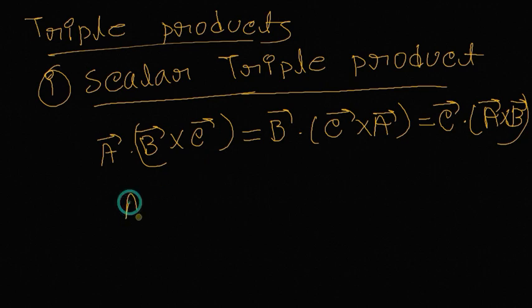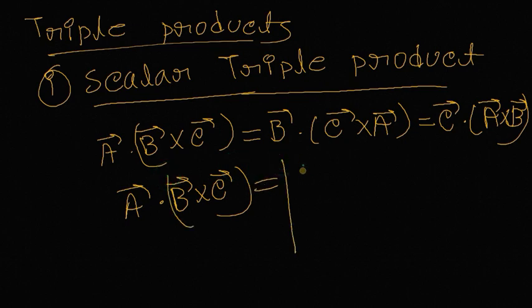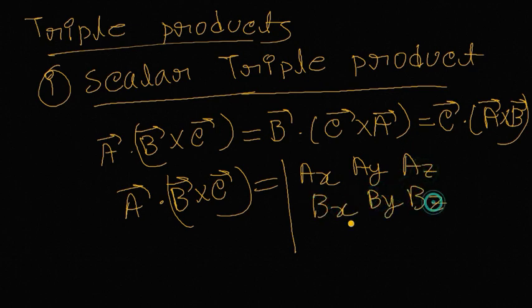In the component form, it can be written as a determinant with rows Ax, Ay, Az; Bx, By, Bz; Cx, Cy, Cz.